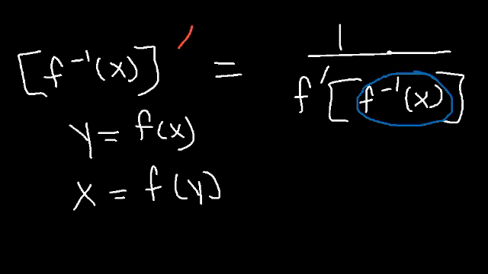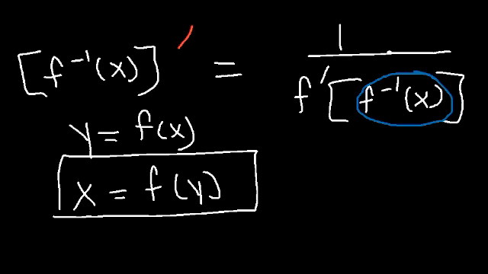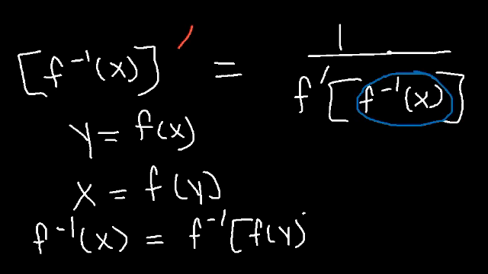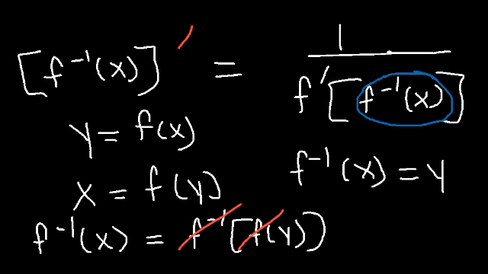Now what happens if we take the inverse function of what we have here? So if we take the inverse of both sides, the inverse function of f cancels, giving you y. So we could say that the inverse function with respect to x is equal to y, after switching x and y, of course.